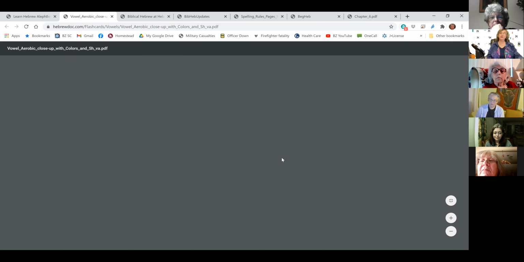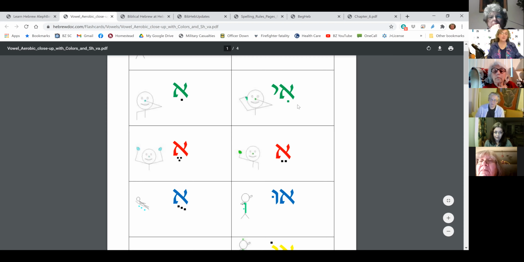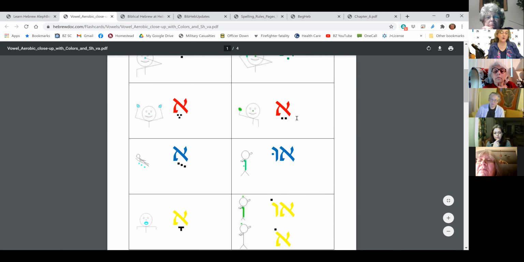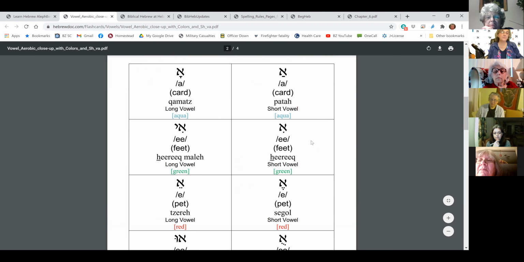It's loading the page. Here we go. So all of these adorable vowel aerobics pages where you have a, e, u, o, it tells you on the back side of these vowel cards that this one is a long vowel and this one is a short vowel.